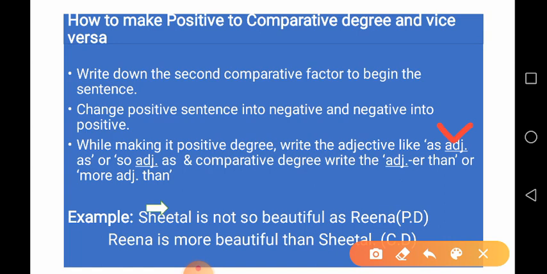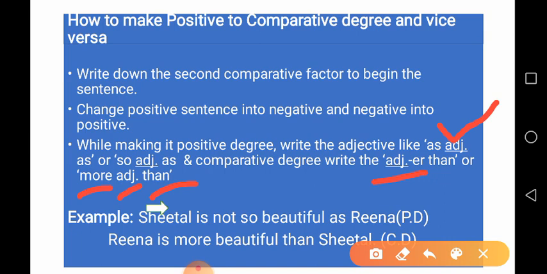As I have told you, while making positive, an adjective is written between as or so as. In comparative, we add er and than, or we use more, adjective and than while making comparative degree.